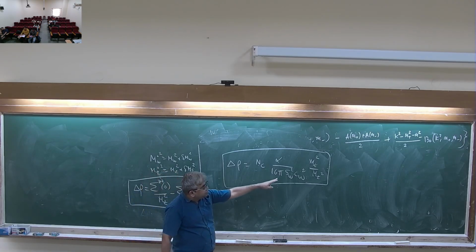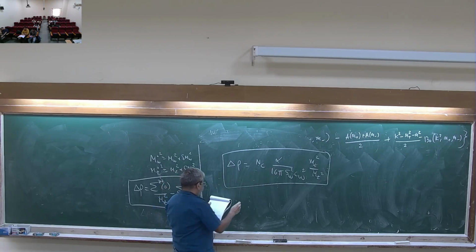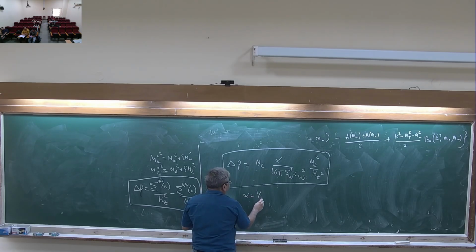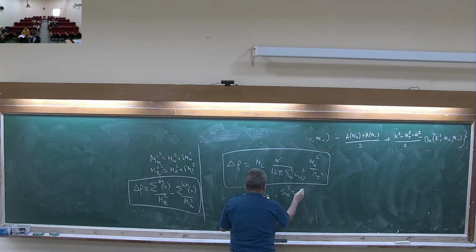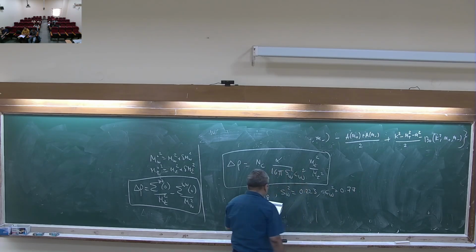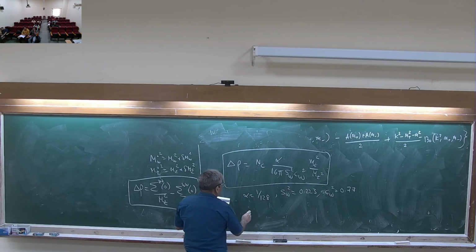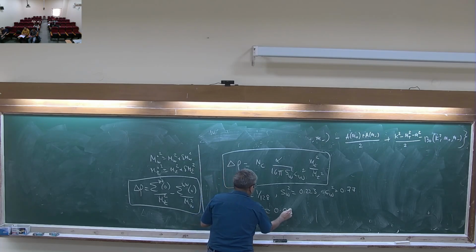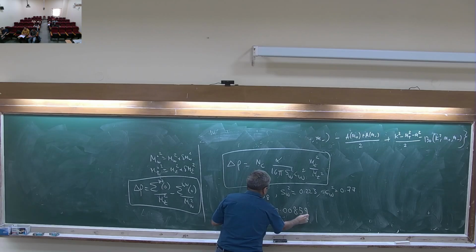Now you put in the model numbers into this. Okay, alpha is equal to 1 by 128, measured at lab. Sin square theta w is equal to 0.223, also measured at lab. Cos square theta w is equal to 0.77, measured at lab. This gives me delta rho is equal to 0.00859609.